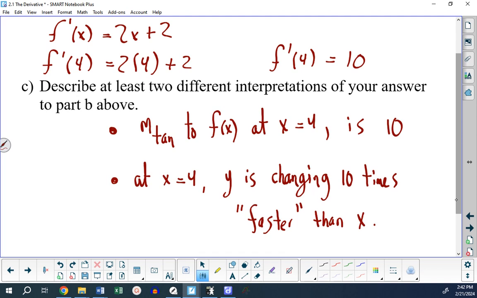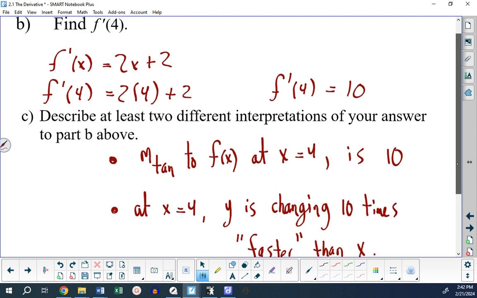If delta x is an infinitesimal, if delta x is this big, delta y is 10 times greater. The issue in trying to wrap your head around that is delta x is that big. There's no delta x. It's 0. But this is loosely a good way of explaining it. Any questions with part B or C?